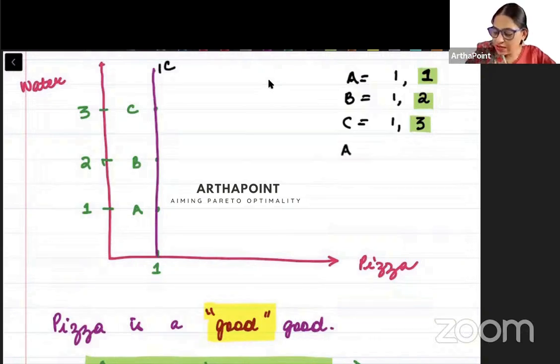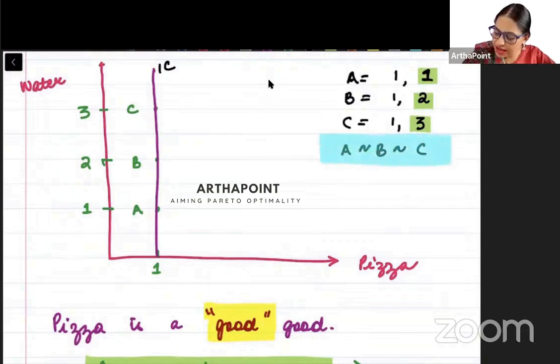Because A, B and C give me the same level of utility, I am indifferent between A, B and C. A, B और C के बीच में मैं indifferent हूं. A, B और C मुझे same utility देते हैं.